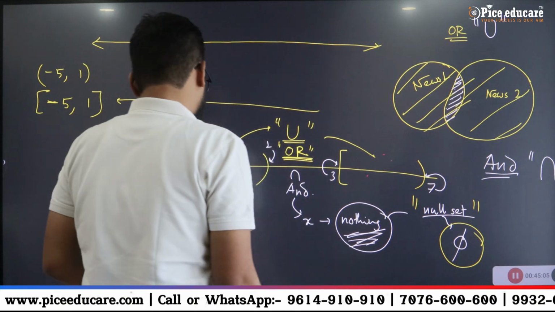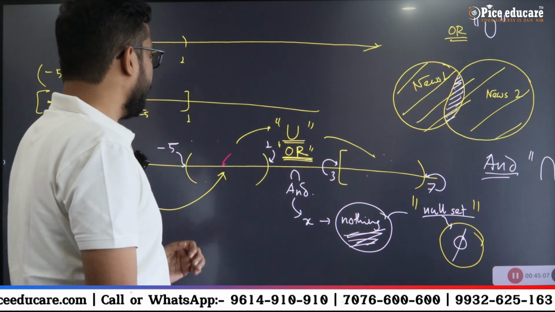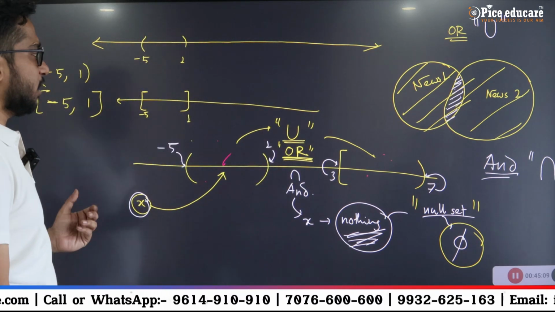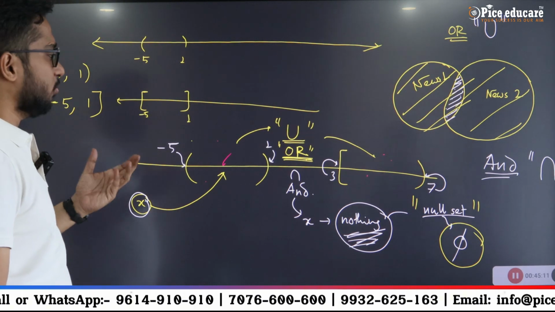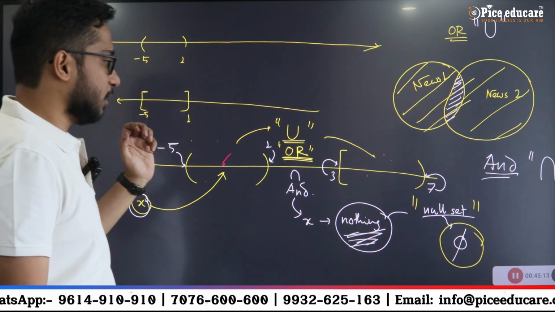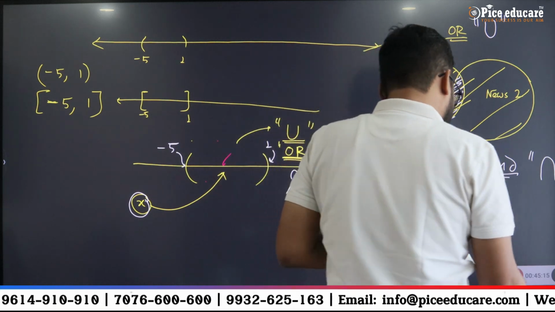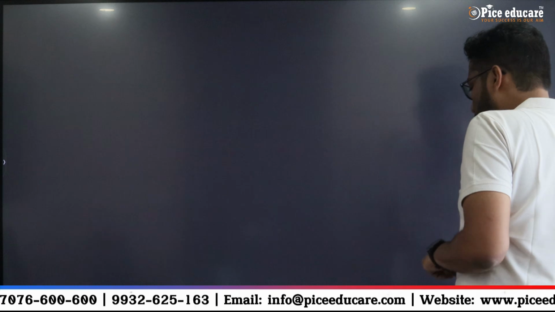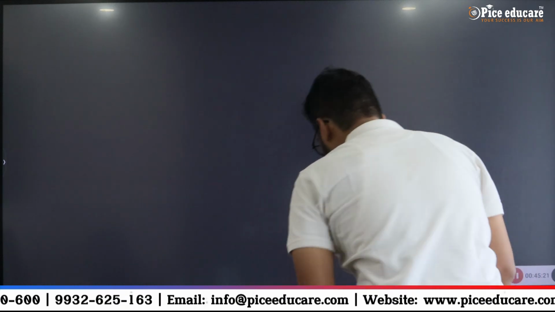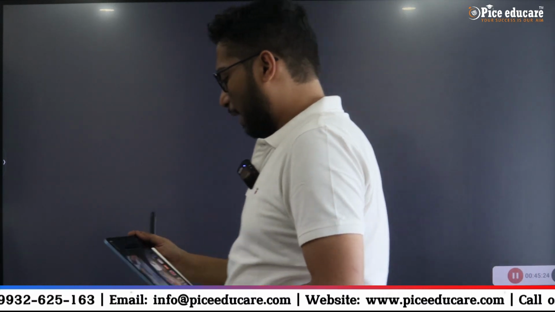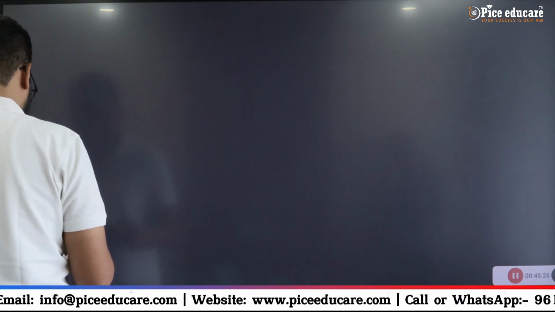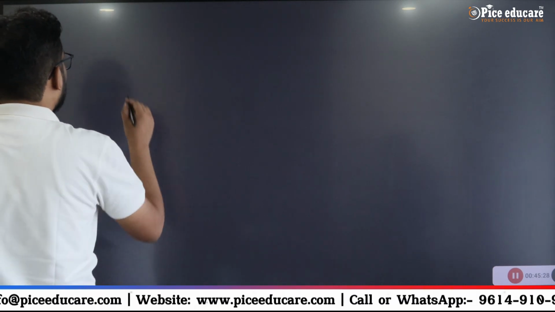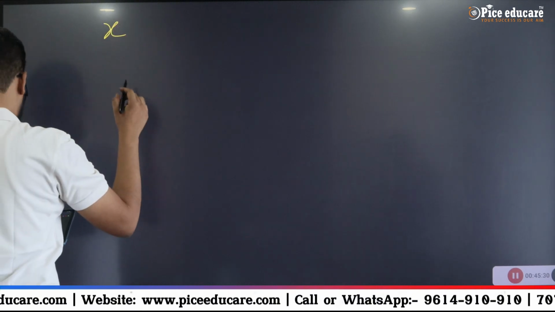So these are some basic ideas from set theory that we need. To discuss what we actually want to discuss today, let me go to a new page and start today's class or discussion with a very simple problem which looks like this.